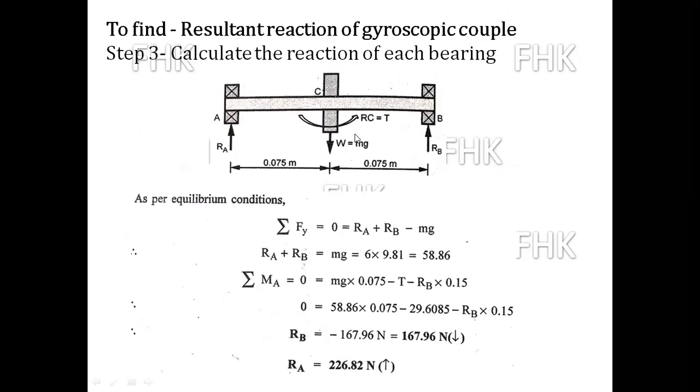Mass is given here as 6 kg, and the span between the two bearings is given as 150 mm. So this will become 75 mm and this will become 75 mm. So this will become 0.075 meter and this will become 0.075 meter, the distance of each bearing from the rotor.